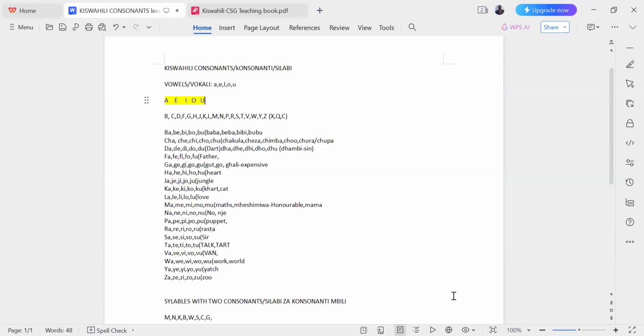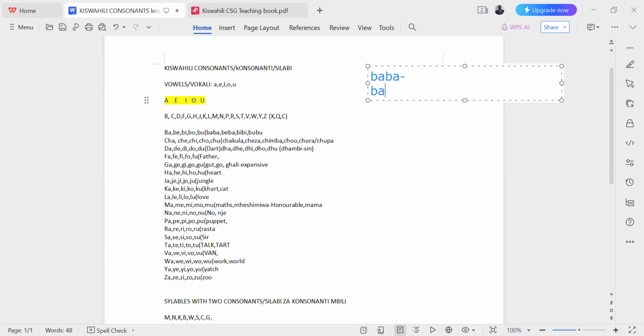We also looked at how the majority of those syllables were made up of a consonant and a vowel. What I'm referring to here is, for example, the word ba, which is a syllable. A syllable is a combination of two letters.